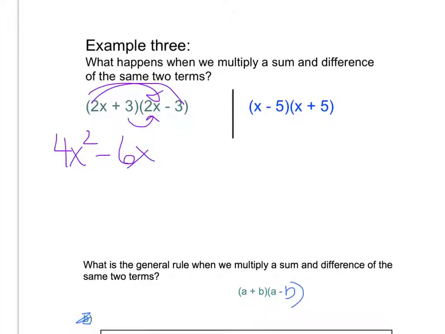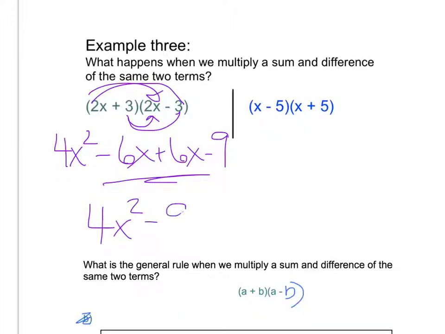Then inside we've got 3 times 2x, it's positive 6x this time, and then 3 times negative 3, minus 9. What happens with the middle terms? They go away. So we have 4x squared minus 9, which is the sum and difference.